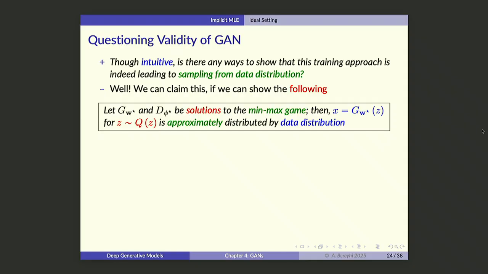If you want to find that out, we need to show this property: if I solve the min-max problem, I get the best generator and best discriminator, and that solution, when I start from the latent distribution, is going to give me an x distributed by a distribution very close to the data distribution. We should be able to show that. You might think this is a very complicated task, but I'm going to show you it is actually not that complicated. We can simply do that, okay?